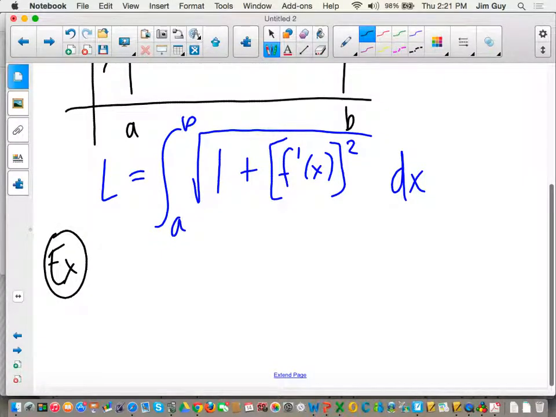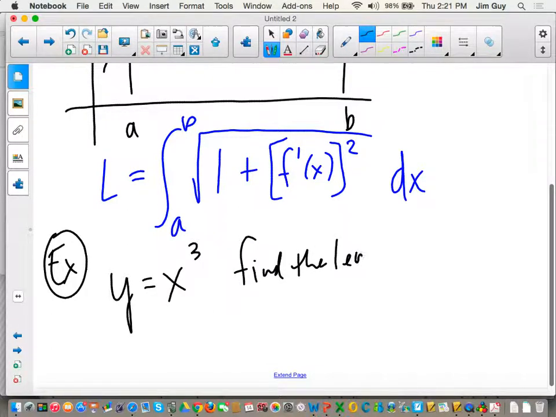Let's say we have y equals x cubed, and we want to find the length from x equals 1 to x equals 3.